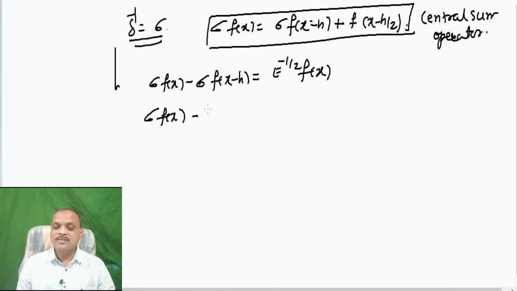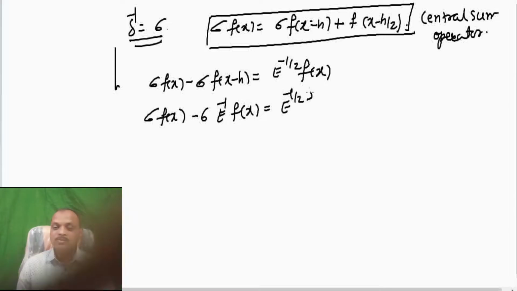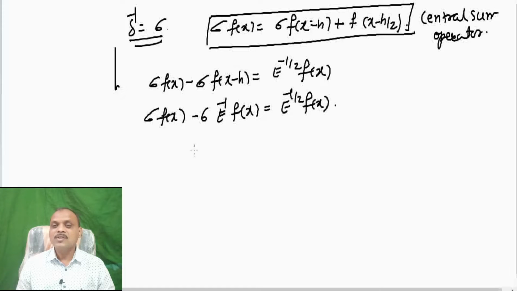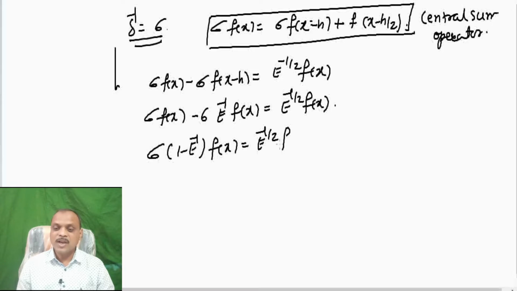Sigma f of x minus sigma into e inverse into f of x equal to e raised to minus 1 by 2 f of x. Taking sigma and f of x common, sigma into 1 minus e inverse equal to e raised to minus 1 by 2.